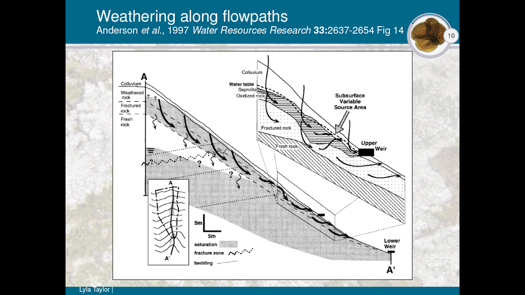There's a colluvial soil whose average depth is less than a meter, underlain by an almost equally thin saprolite, then a fractured rock layer, and then a fresh rock layer that can be up to 9 meters deep in this system.